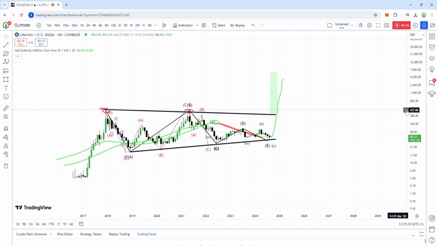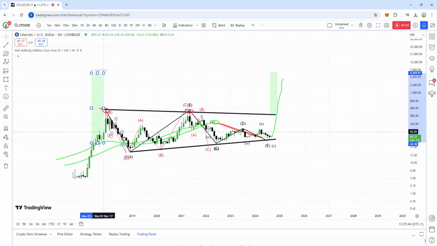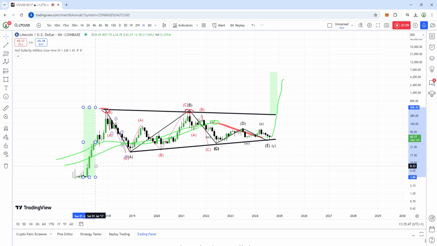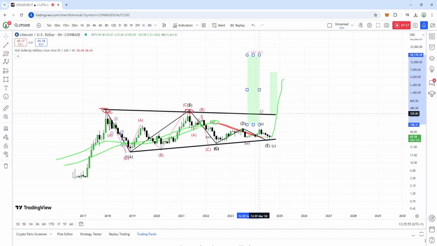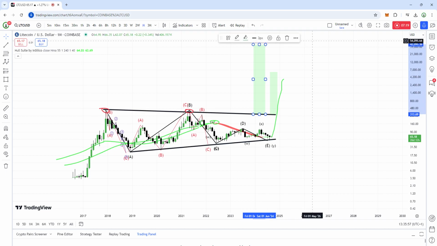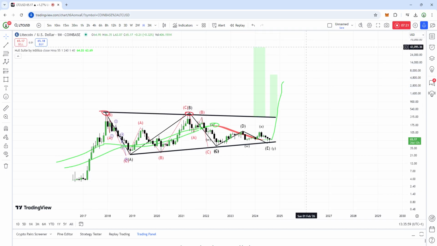The other potential thing is that it could go a lot higher than that. Effectively, what this whole pattern is, is your flagpole. This is really basic technical analysis, but on a much higher time frame. If this was your flagpole and you placed it here, that puts Litecoin at $40,000.